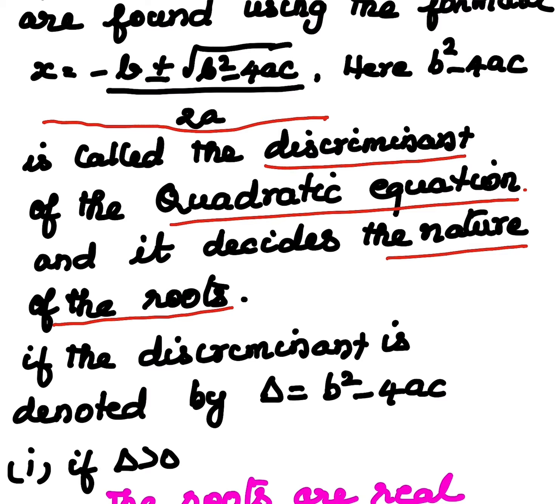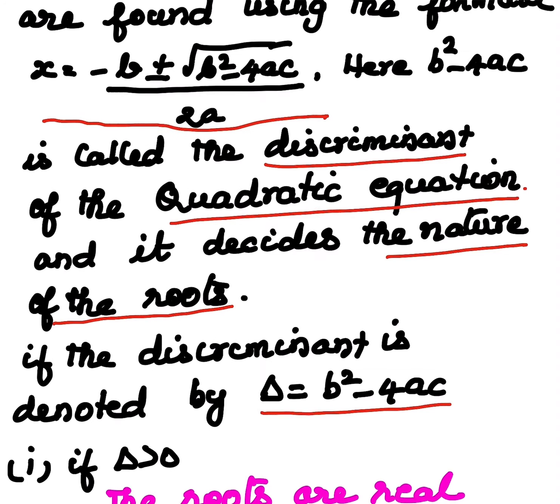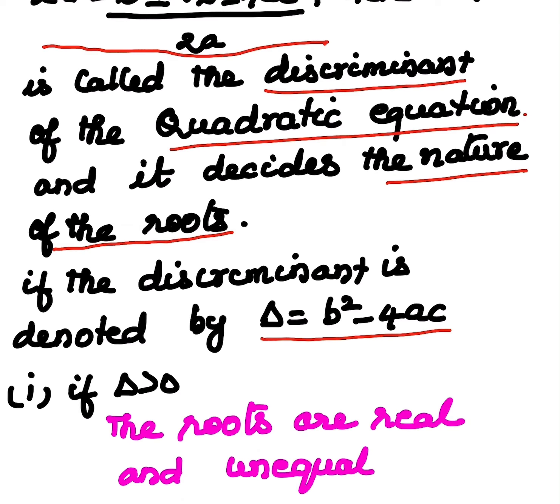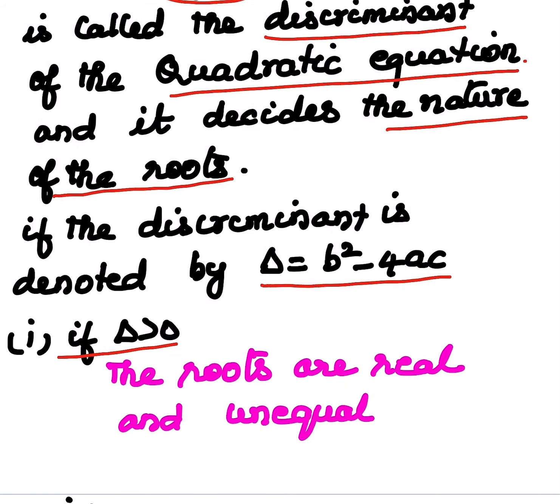Now if the discriminant, denoted by delta, equal to b squared minus 4ac, is greater than 0, when it takes positive values, then the roots are real and unequal.